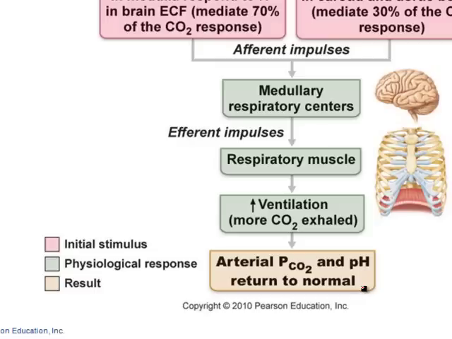So central chemoreceptors in the medulla respond to that, and then they're going to signal the medullary respiratory centers, the respiratory muscles, increased ventilation, more CO2 will be exhaled, and arterial PCO2, and of course pH, because of that whole carbonic anhydrase and carbonic acid chemical reaction, will return back to normal.